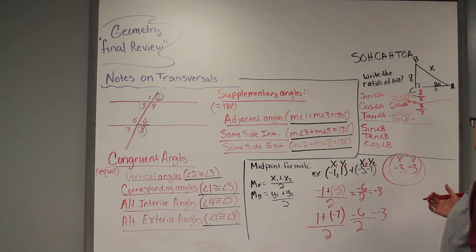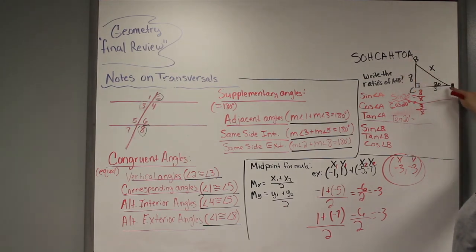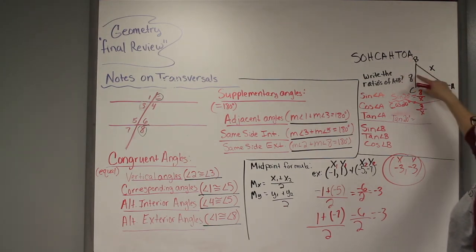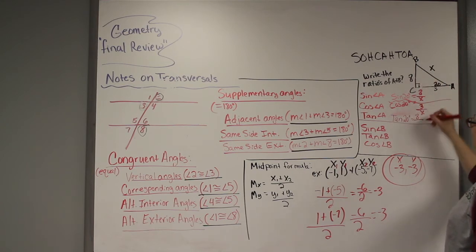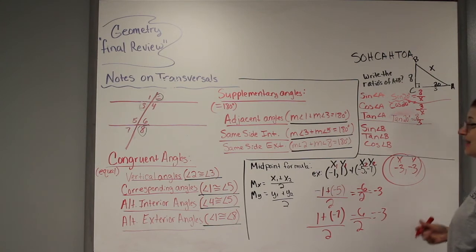The next one would be the tangent of 20 degrees, which is opposite over adjacent. So opposite is 8, and adjacent is 3. Okay, and that's all they're going to ask you to do on the final, and you need to understand that. Now, it depends on what angle you're looking for.